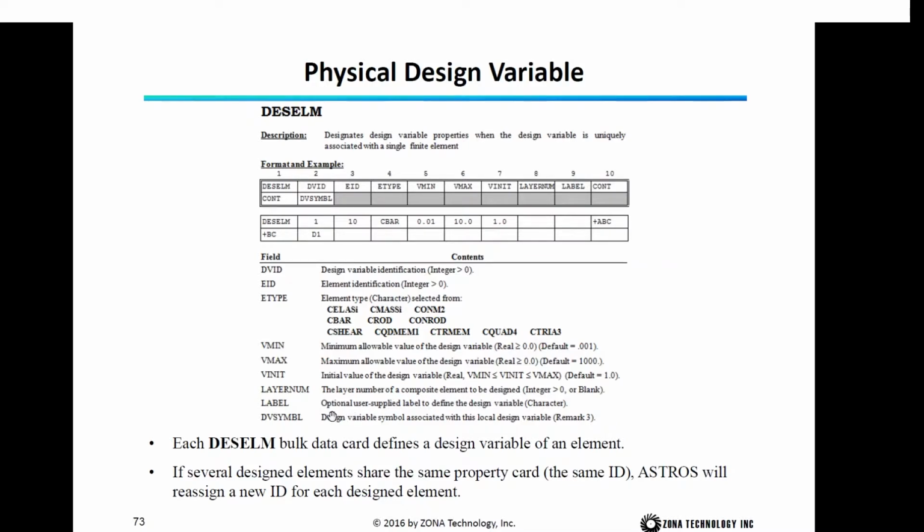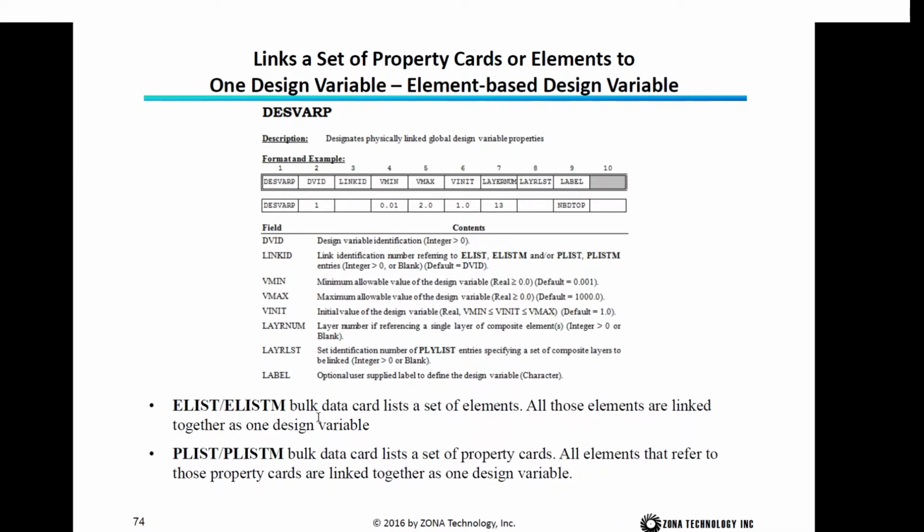The label is a supplied label to define the design variable, and DVSYMBL depends on what kind of element you choose. If you choose the plate element, then this must be T.